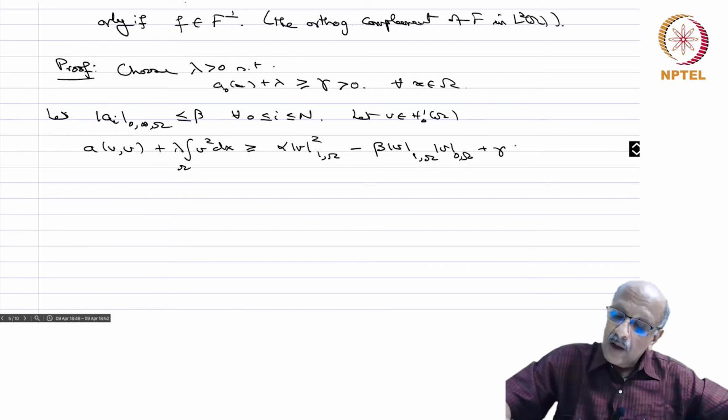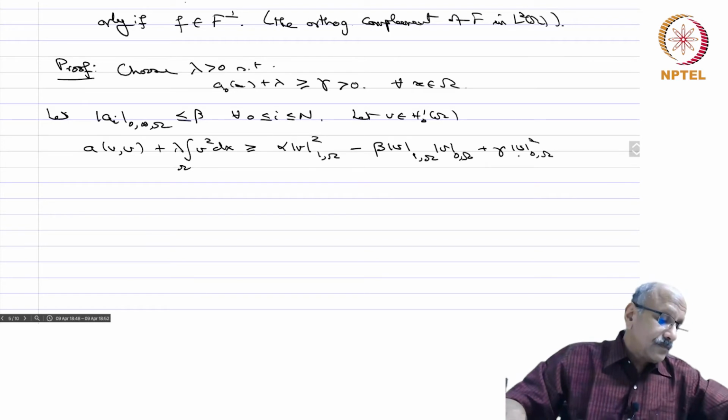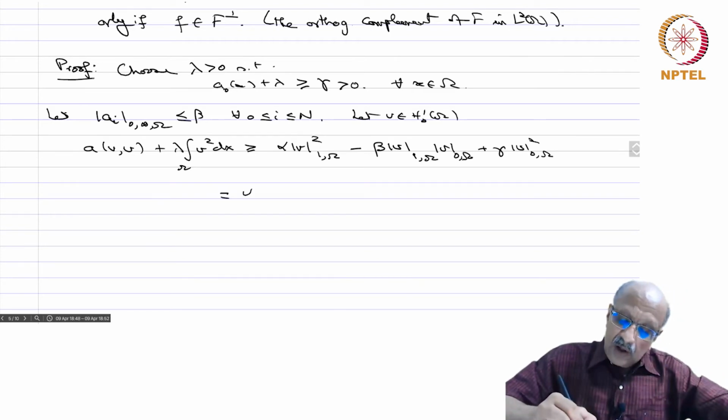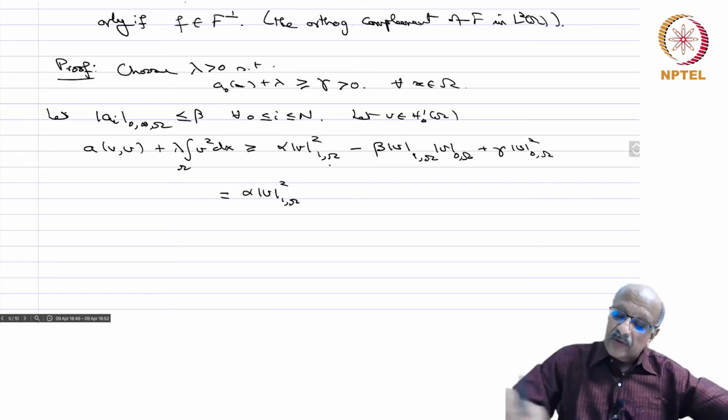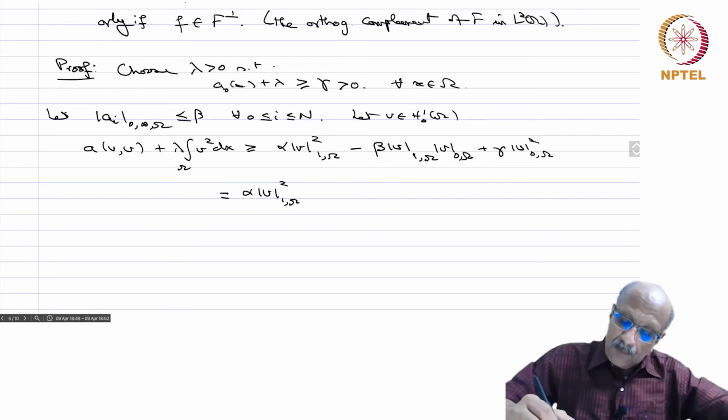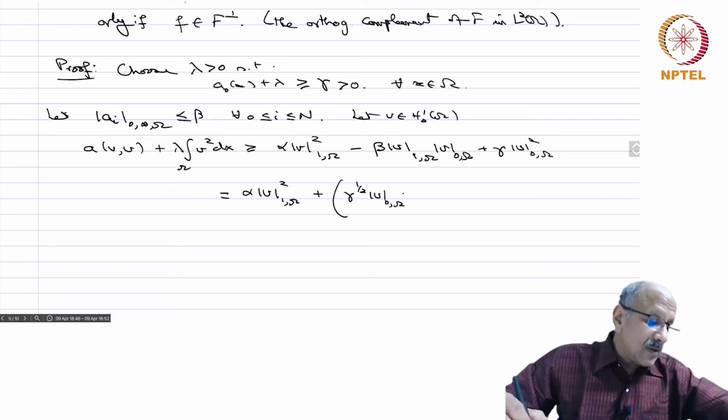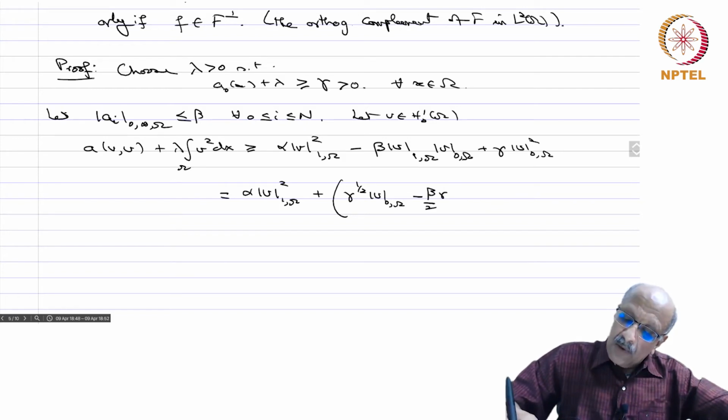Okay, so gamma times the L2 norm squared of v on omega, and that is equal to alpha times the H1 norm squared of v on omega, and then we complete the squares for these two terms, and therefore you have gamma to the power half times the L2 norm of v on omega minus beta by 2 gamma to the power minus half times the H1 norm of v on omega, whole square.